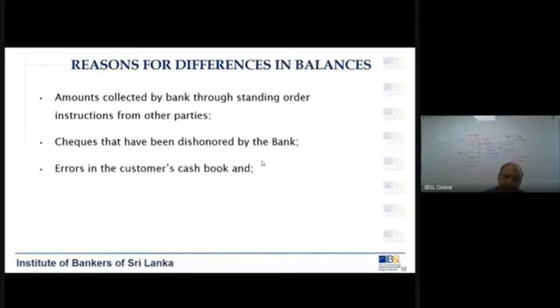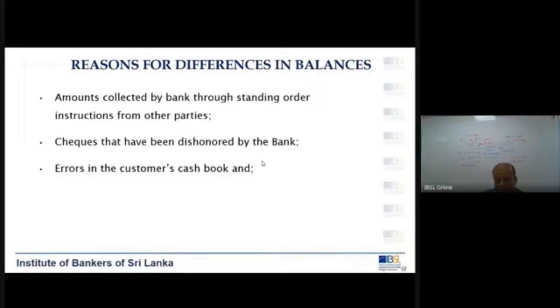And finally, the 2 types of errors that can happen. One is your bookkeeper or the accountant might make mistakes. That is possible in humans. Any mistake can happen in recording your cash book transactions. A transaction that should go to the bank, you record it in the cash column. Error. So those types of errors can happen. Still, those are also reasons for the differences.